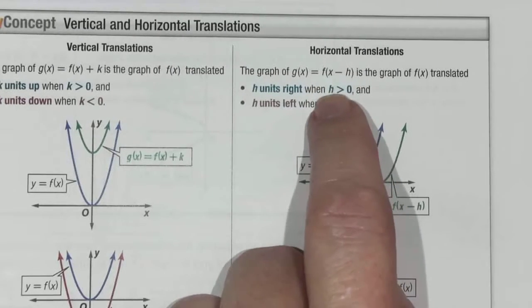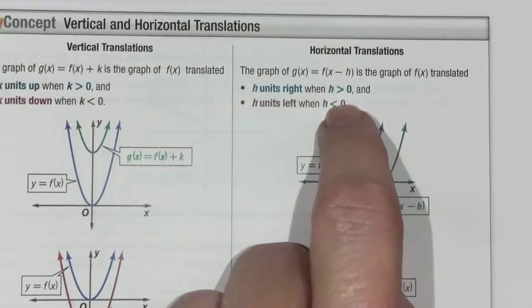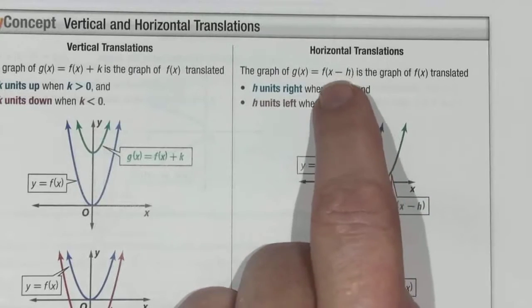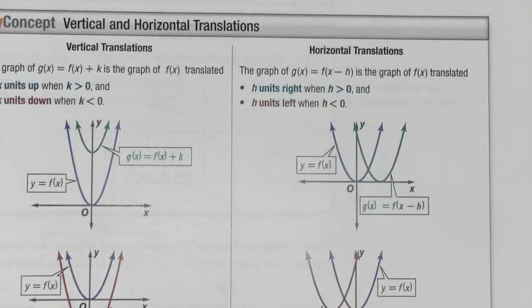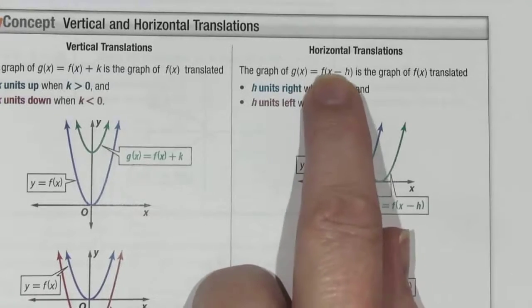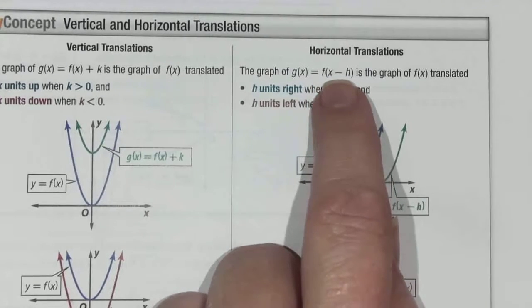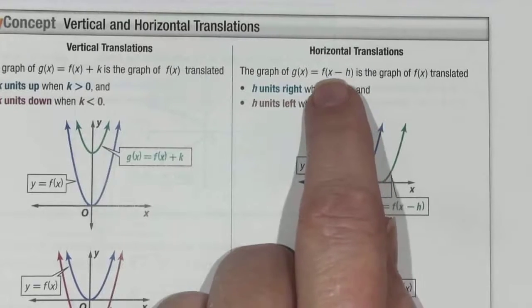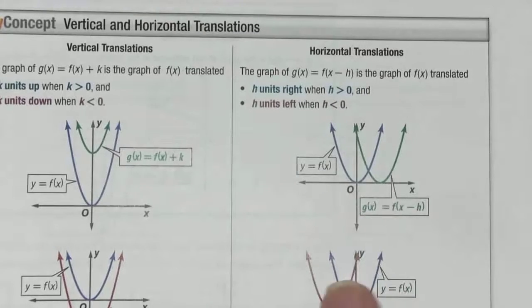So if h is greater than 0, say h is 3, you're subtracting 3 inside there, and it's going to go to the right. Do you see what I'm saying? It gets a little confusing. And if you're adding something, say you're going to add 4, you're really saying x minus a negative 4, so you're going to go left. Just go the opposite way you think on the inside of the function. Easier. Okay.